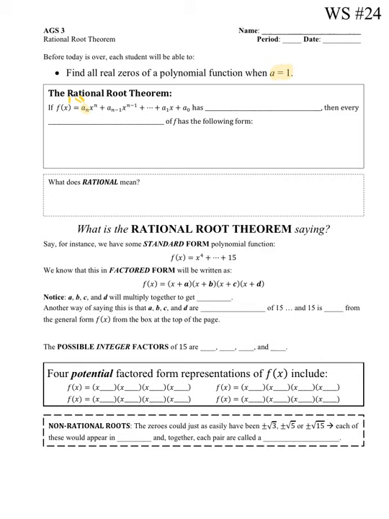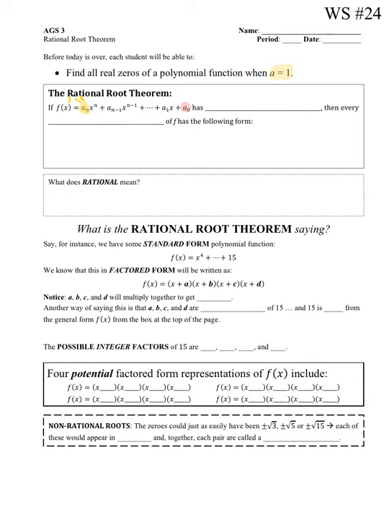All right, so what we're going to be doing today, the rational root theorem, the way it looks is it says we need to identify the constant term, which is always going to be the very last number, and we need to identify the leading coefficient, and the leading coefficient is this a sub n here.